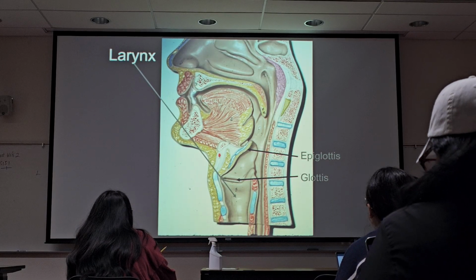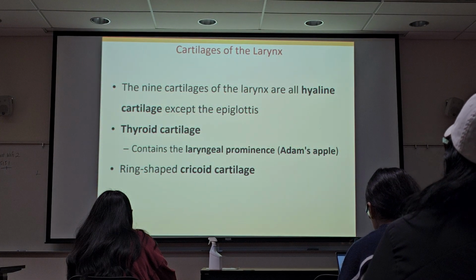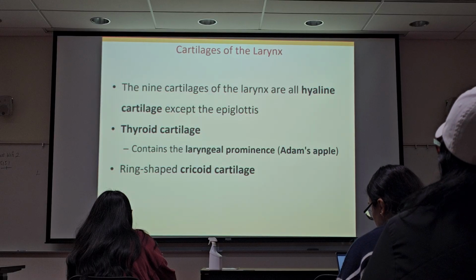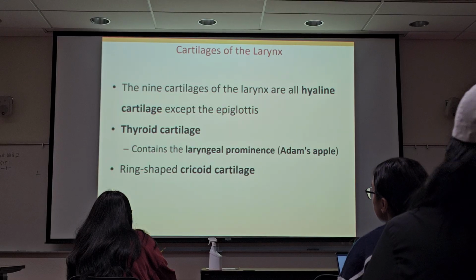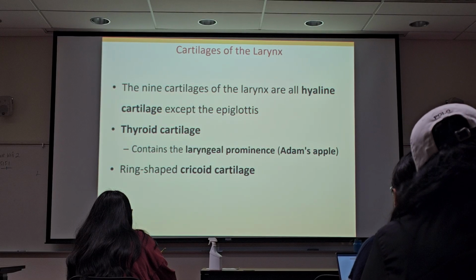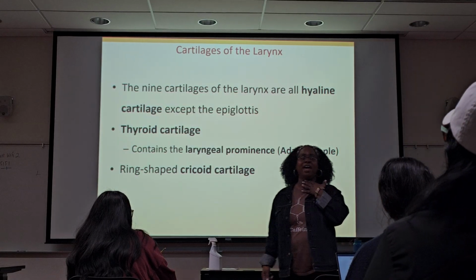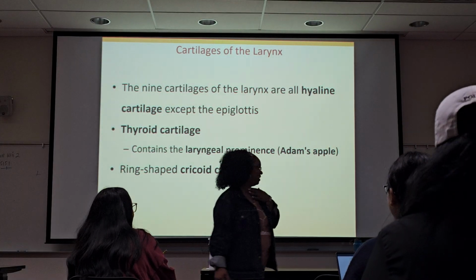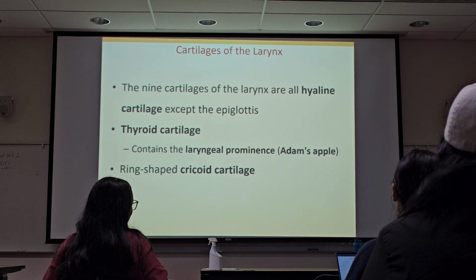We have cartilages here. We're bringing back the cartilage. Remember your hyaline cartilage? We have hyaline cartilages here at the larynx. We have thyroid cartilage, and at the thyroid cartilage, we have the laryngeal prominence, which is our Adam's apple. Everyone touch their laryngeal prominence. Now, if I ask you to name this structure, you're going to tell me Adam's apple? No, you don't. Laryngeal prominence.